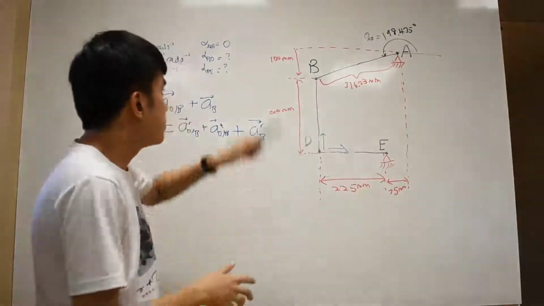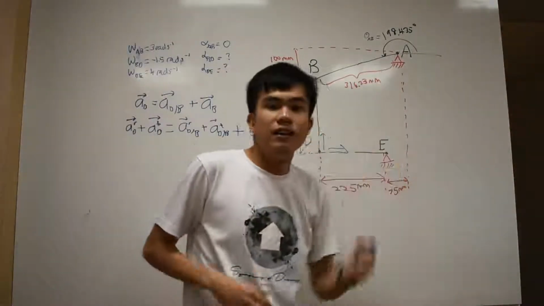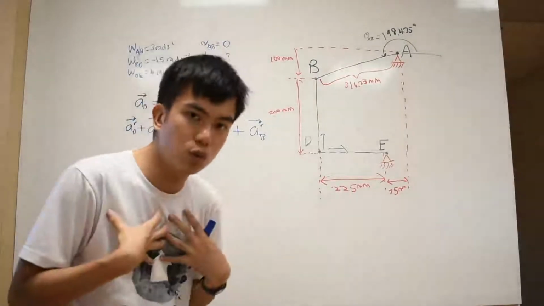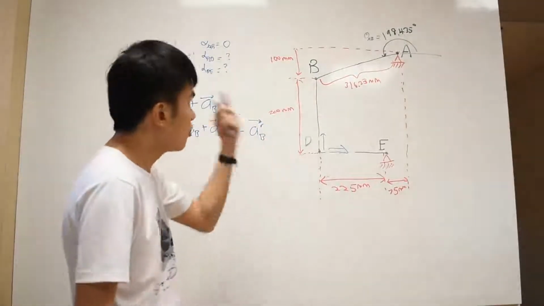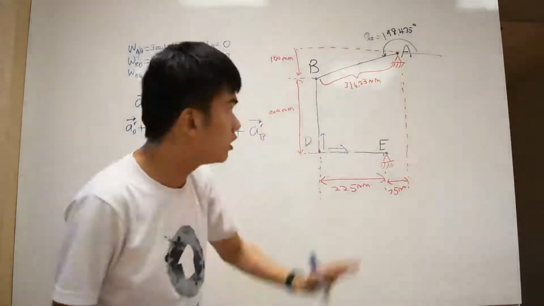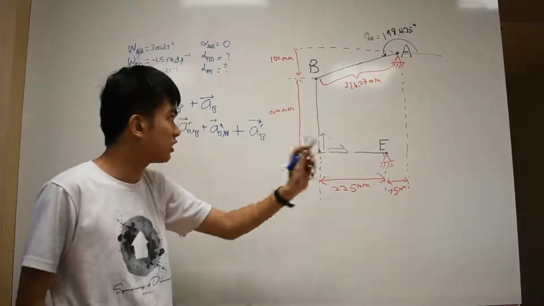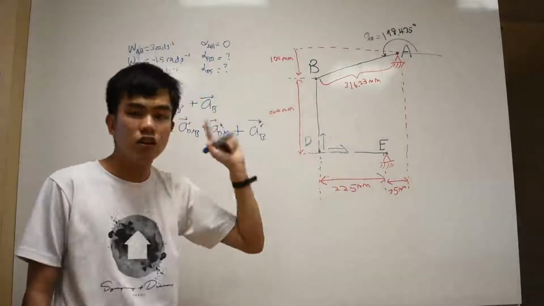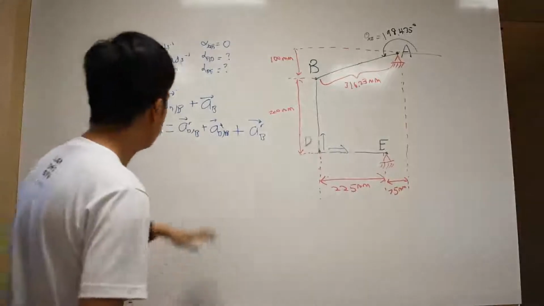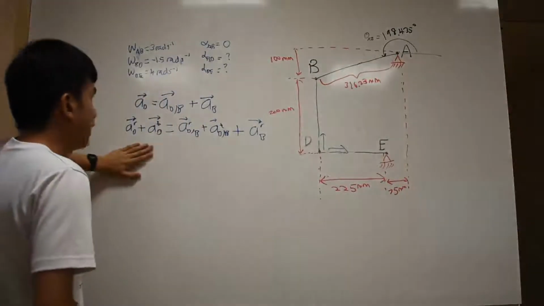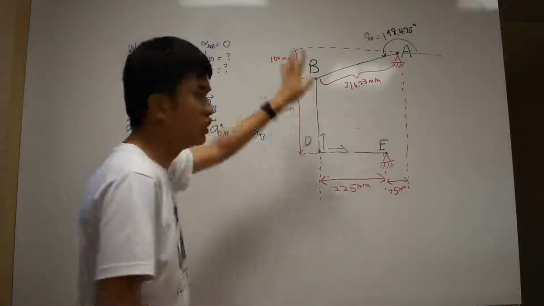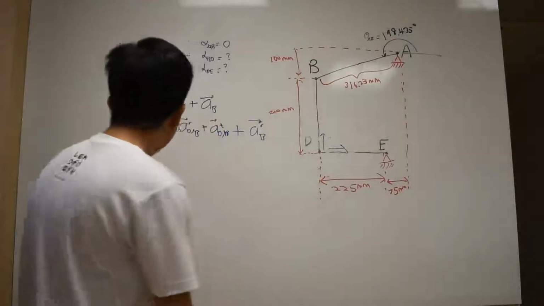Meaning to say, B is rotating around A in our perspective, and we, as the absolute motion viewer, will think that B rotates at a constant angular velocity around A. So there is no angular acceleration of B around A, there's only angular velocity of B about A. Okay, good enough. So we have laid out all this, and take note B has only radial centripetal acceleration, there's no tangential acceleration at all.